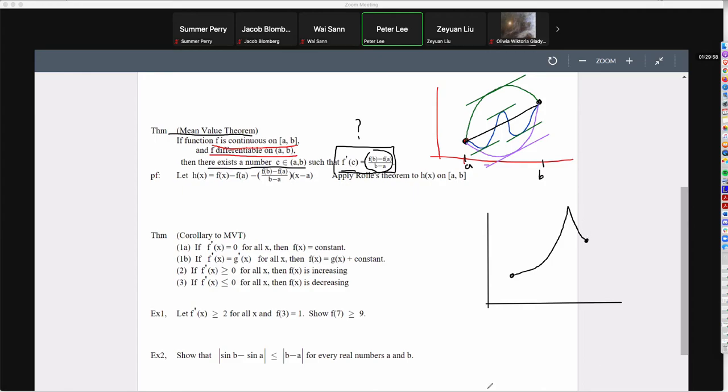I need to graph this more carefully here. So let's say we have a curve like this, A, B. And then if you connect the 2 points, the line is going to look like this.